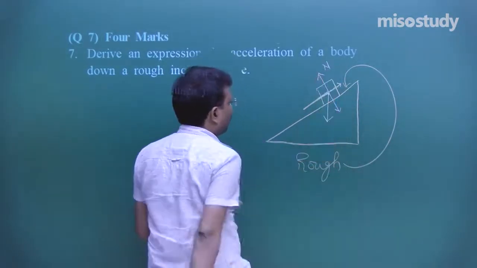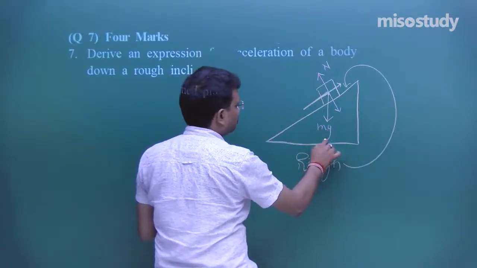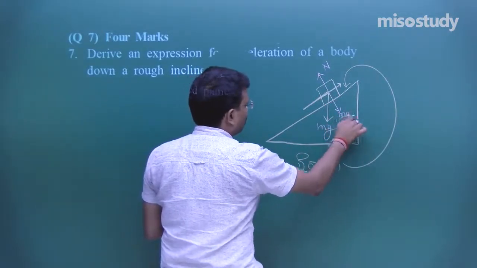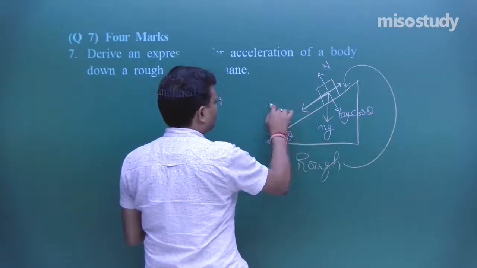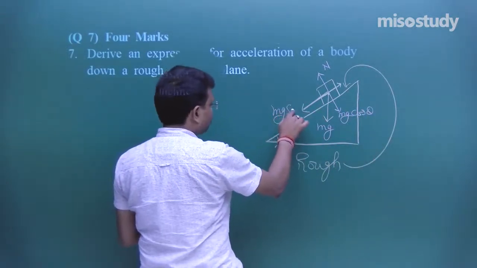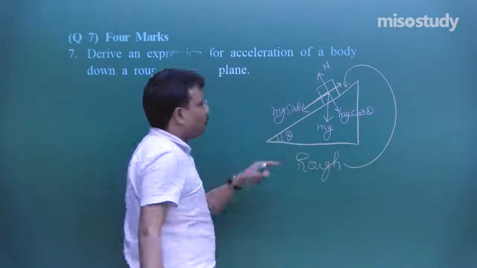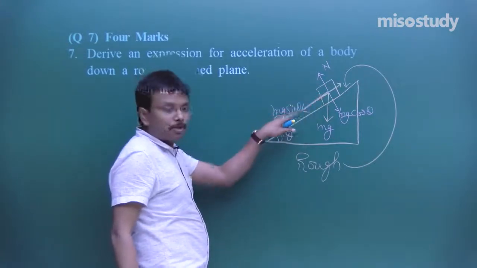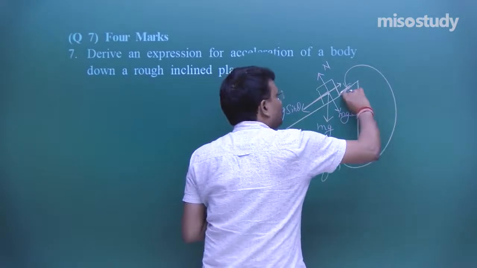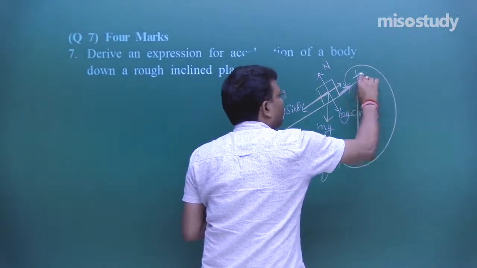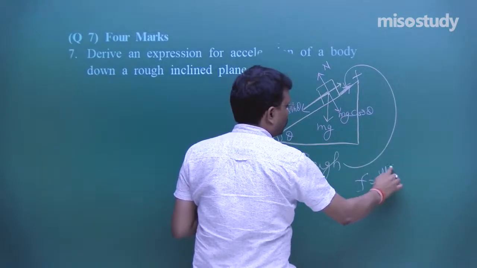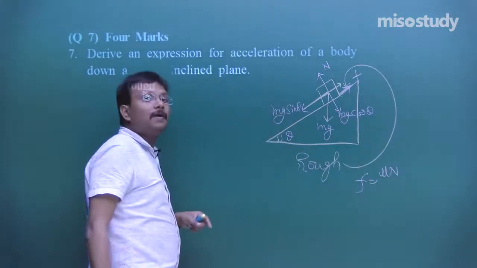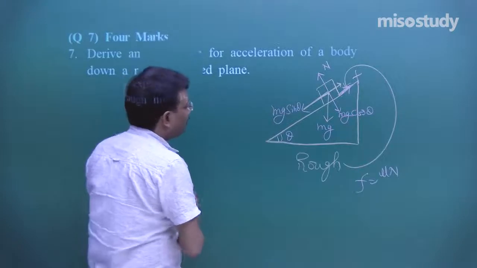Normal reaction, weight mg, mg cos theta, mg sin theta. Force of friction will try to oppose its motion downward, so force of friction F will act over here. And this force of friction F is equal to mu into N, where mu is coefficient of friction. So now what will be the equation?